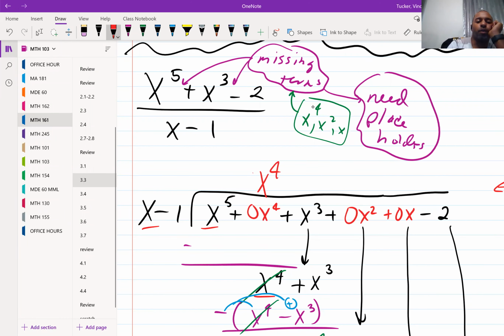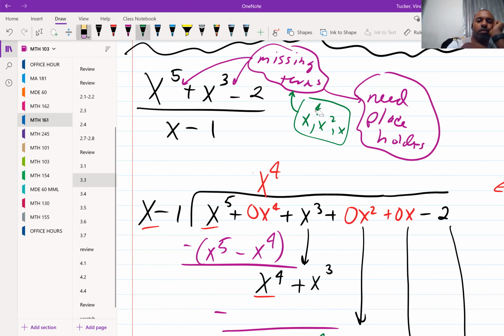So you multiply x to the fourth to both of these terms. That'll be x to the fifth minus x to the fourth. Distribute the minus sign. That turns positive, and these cancel.